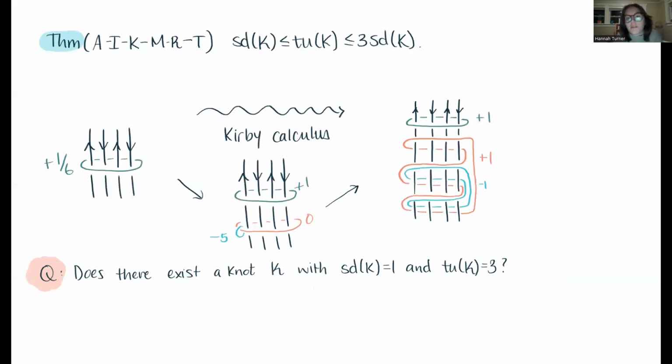Okay, so I want to come back to this theorem one more time and give a hint at the proof. So the idea is we know what the surgery description number of k is. We have some sequence of some number of full twists happening in various regions, and we zoom in on one of these regions.